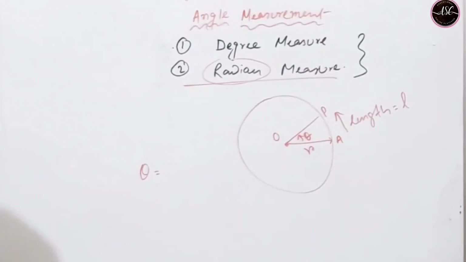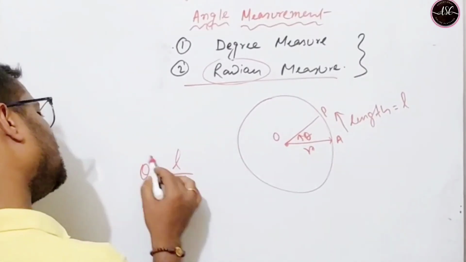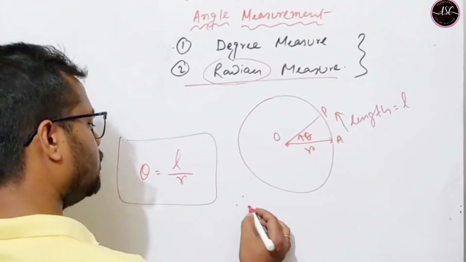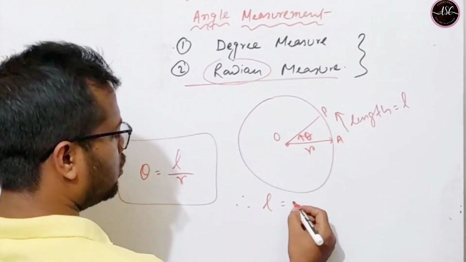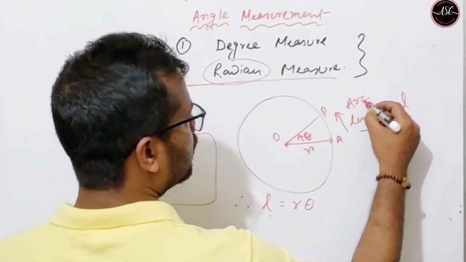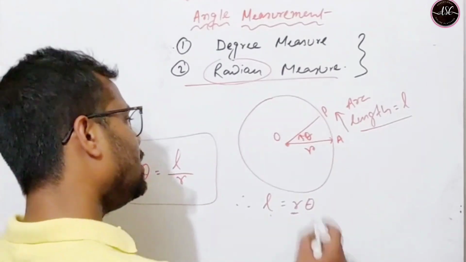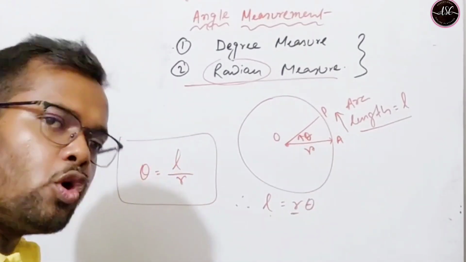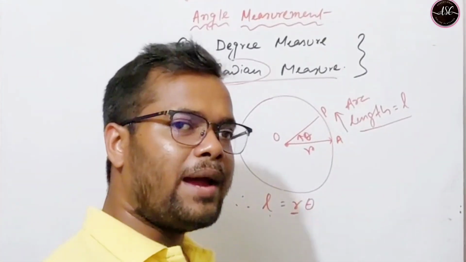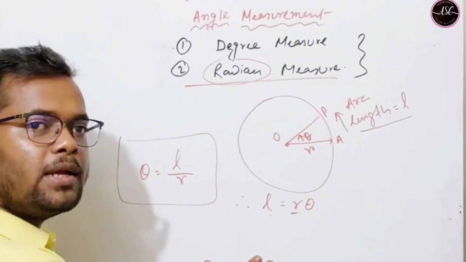Theta equals L by R. Here theta should be in radian. So we have L equals R theta, where L is the length of the arc, R is the radius of the circle, and theta is the angle in radian. By this formula we have to solve many problems. So this formula is very, very important.